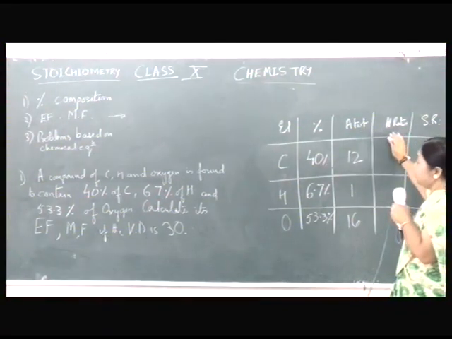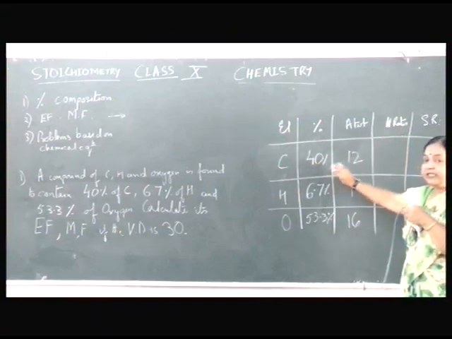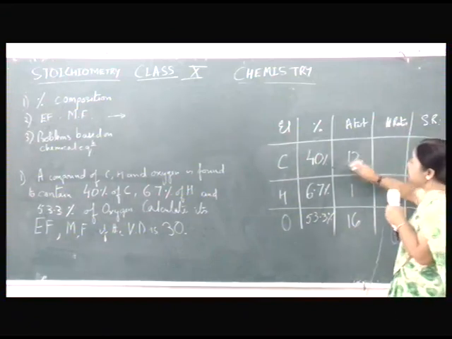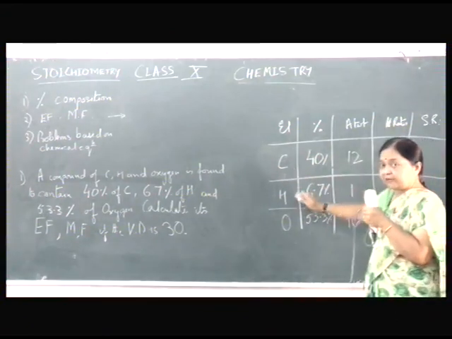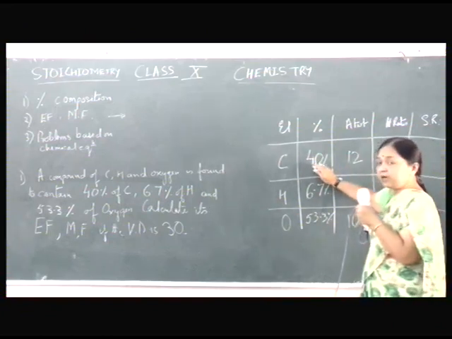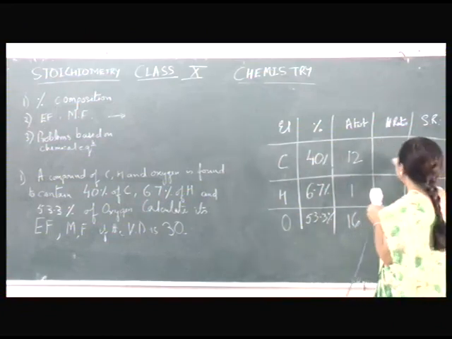Now to find the atomic ratio, you have to divide the percentage by the atomic weight. Atomic ratio means the number of atoms of these present in the compound. If you divide the percentage of the compound by its atomic mass, you get the atomic ratio.